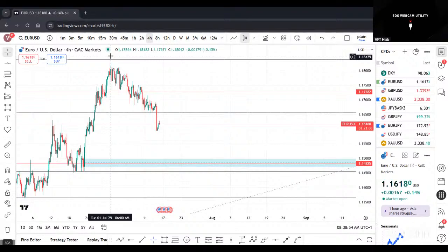So for today, I am looking out for a sell-to-buy opportunity, right? A sell-off into the 61.8% level on the weekly time frame, and once price gets there, I'm interested in taking buy opportunities.